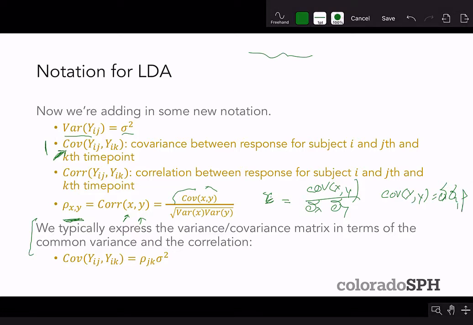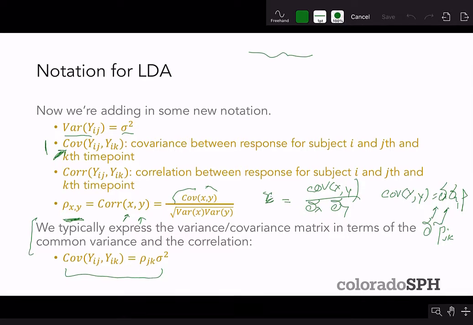But the variances are taken to be equal for each of the time points, so you end up with sigma squared times rho. So sigma squared times the correlation at each of those time points. That's where this is coming from.